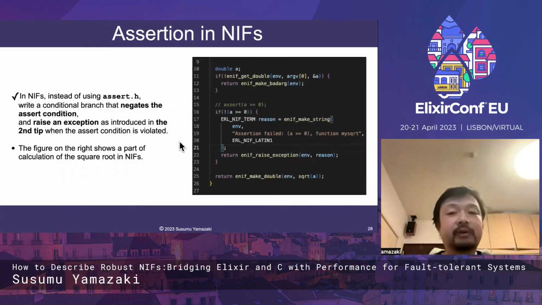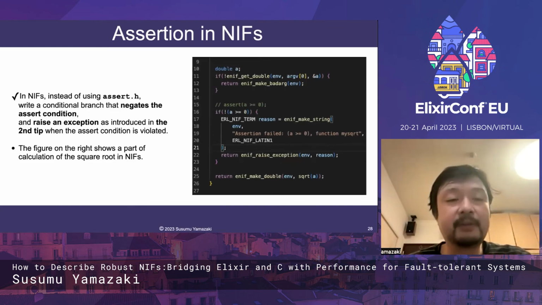Here is assertion in NIFs. In a NIF, instead of using assert.h, write a conditional branch that negates the assert condition and raises an exception, as introduced in the second tip, when the assert condition is violated.